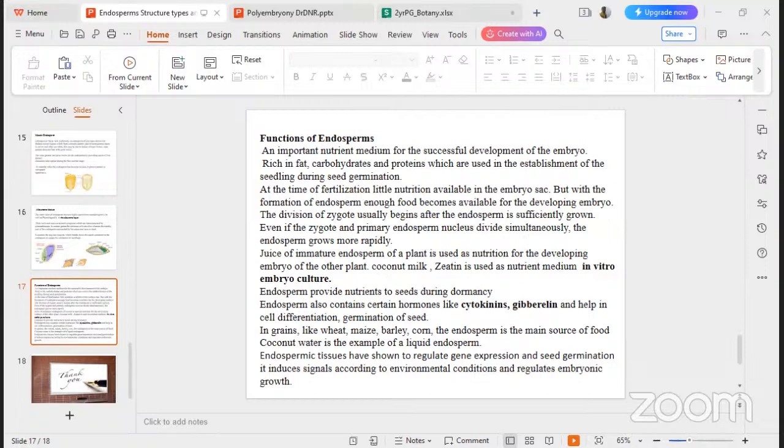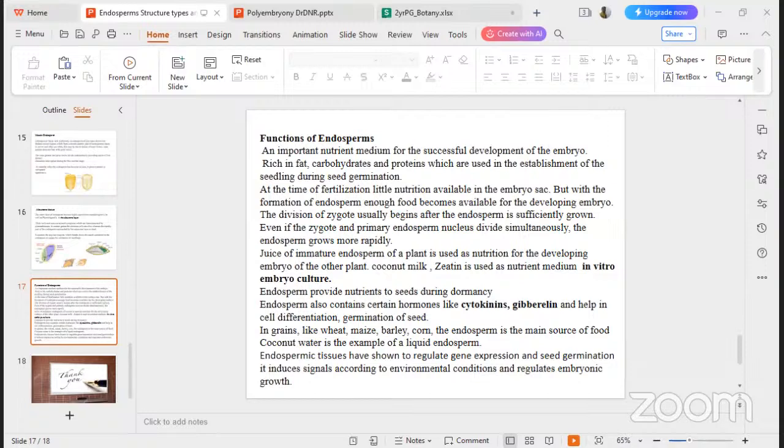Nutrient provision is provided by the endosperm, hormonal balance with cytokinin and gibberellin hormones, and as a food source, especially in the grains, liquid endosperm in the coconut, and endospermic food in so many seeds, especially in grasses, and the aleurone layer for germination, seedling, embryogenesis purposes, and even in orchid seed formation.